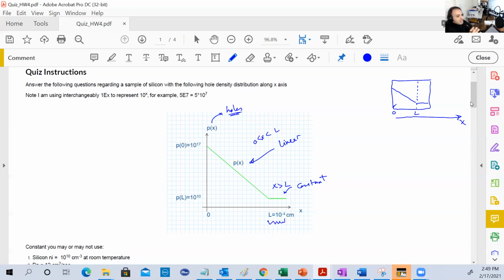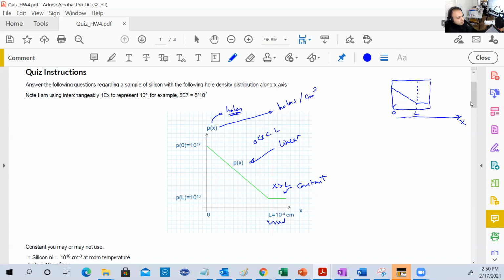How many holes you have per volume. The volume can be micrometer cubed, centimeter cubed, or meter cubed. If you review the lecture, you will find the units of this. It is holes per, for example, centimeter cubed. In this example, I am measuring everything in centimeter cubed.